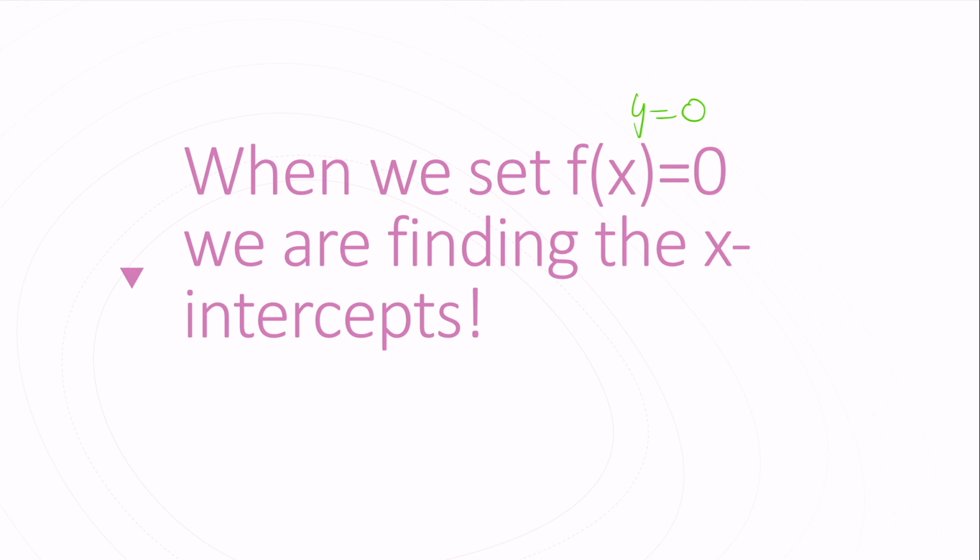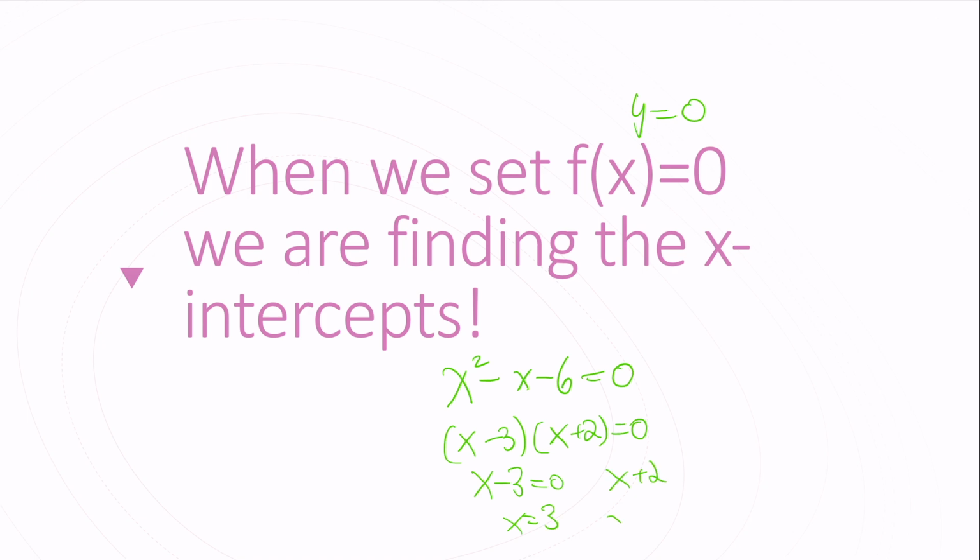But in Module 5, if I gave you a parabola like x squared minus x minus 6 equals 0, and I told you to solve this by factoring, you'd go ahead and factor, and you'd get two x values. x is 3, and x is negative 2. What you didn't realize at the time was that for our parabola, you were finding the x-intercepts. This parabola would have x-intercepts at negative 2 and a positive 3.